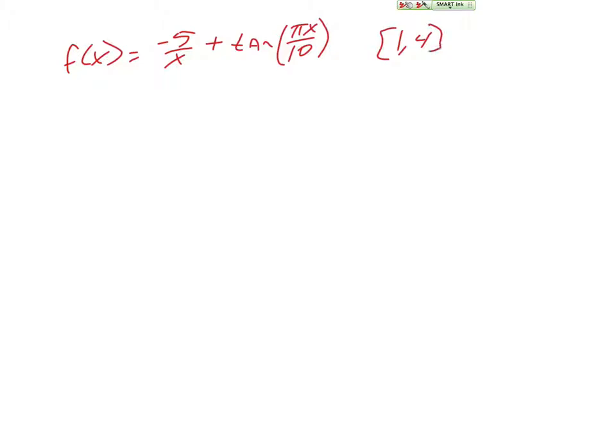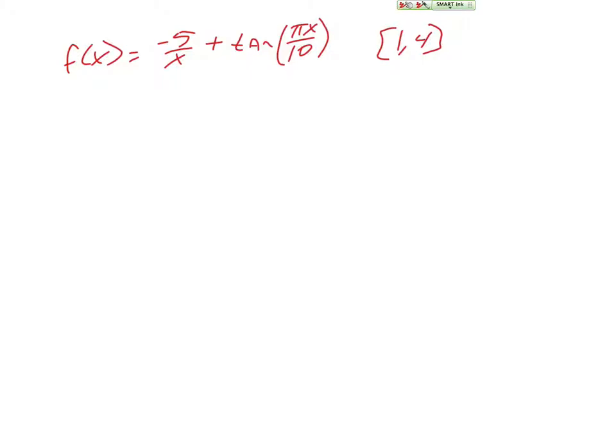F of x equals negative 5 over x plus tangent of... Alright, so we're trying to prove that there is a 0 on this given interval.